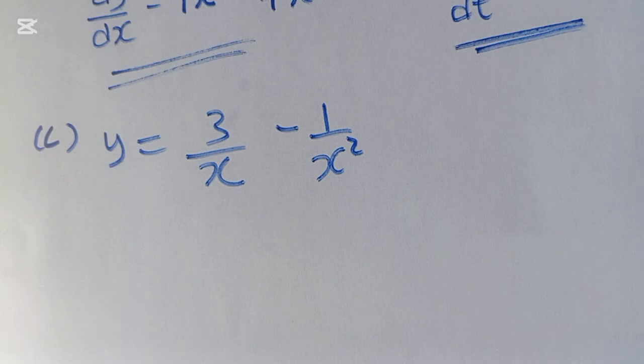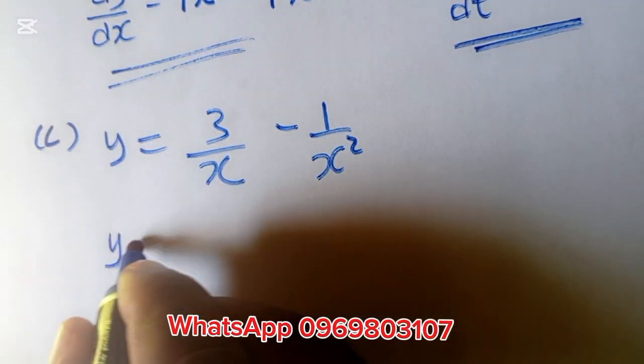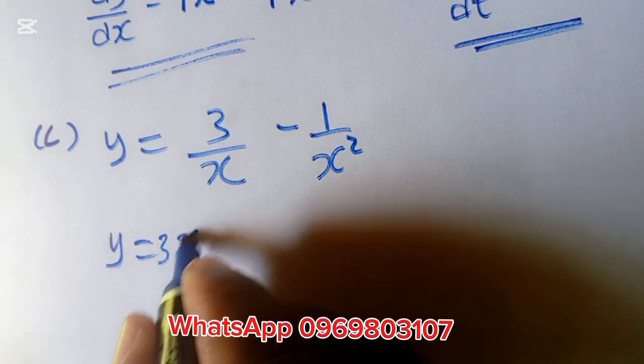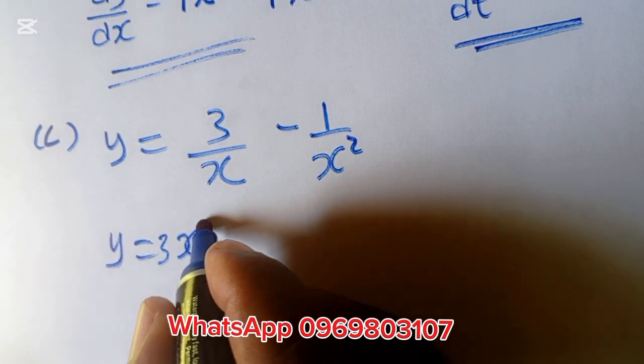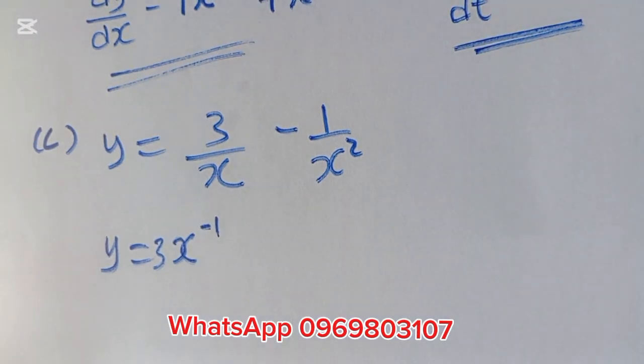So part C, differentiate or find the derivative of y is equal to 3 over x minus 1 over x to the power 2. So there, remember where we are coming from. So 3 over x, it means it is 3x to the power negative 1. So in other words, this is power 1.